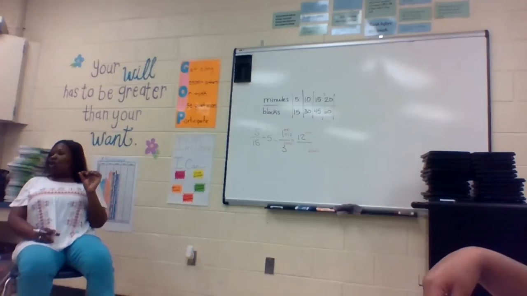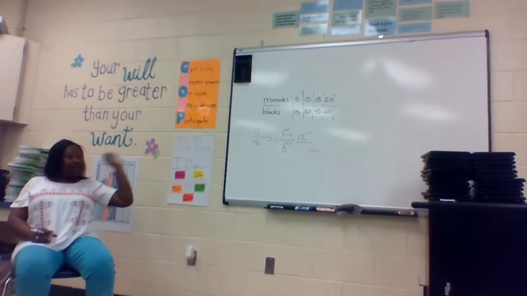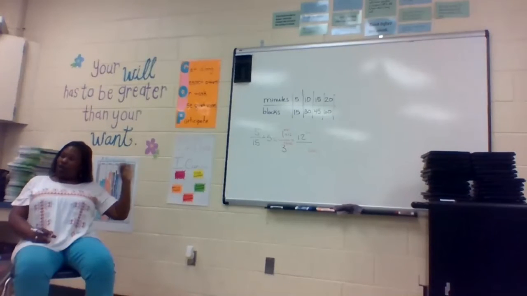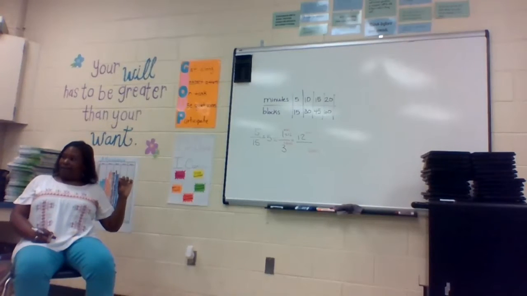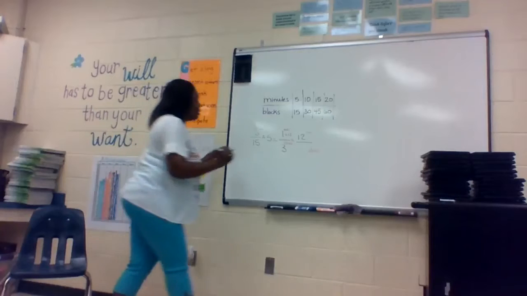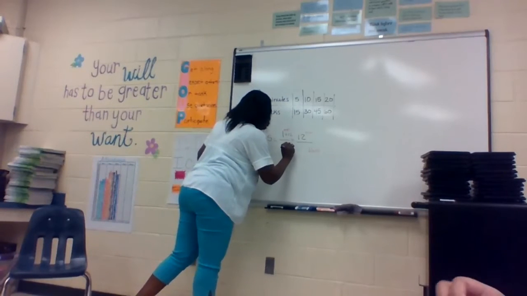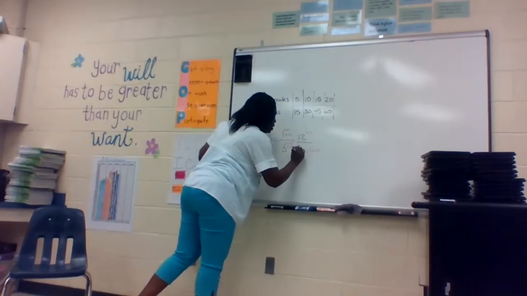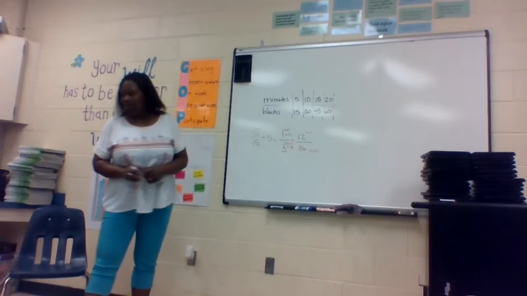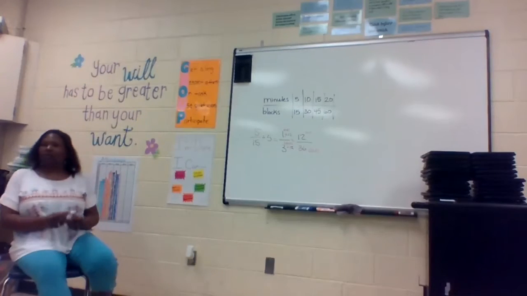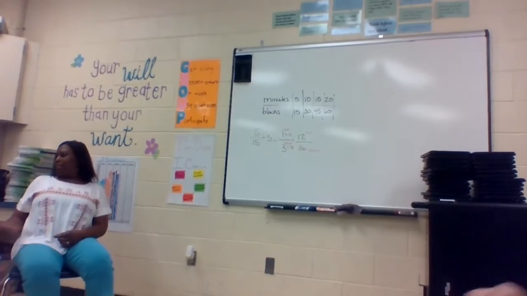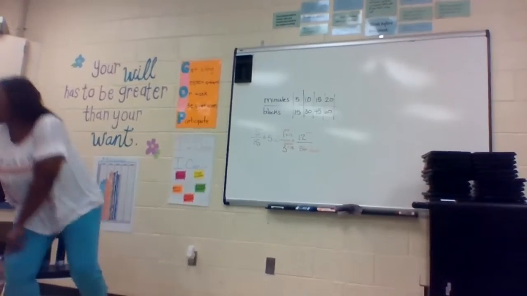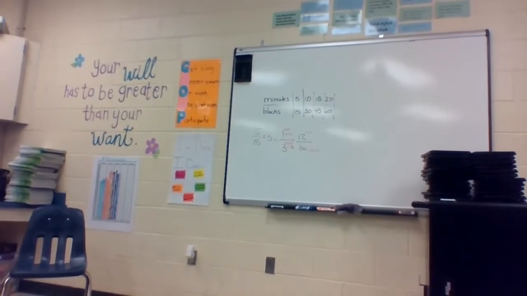So if I multiply the top by 12, what do I multiply the bottom by? 12. And when I multiply 3 and 12, what do I get? 36 blocks. So the answer to number 7 is 36 blocks.